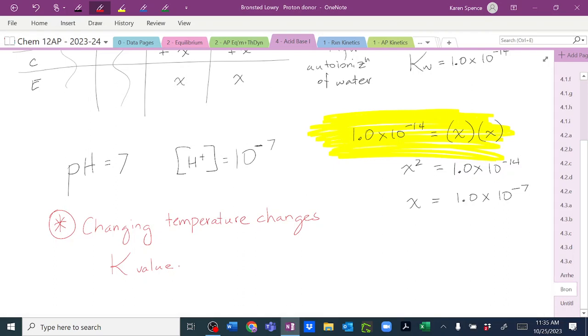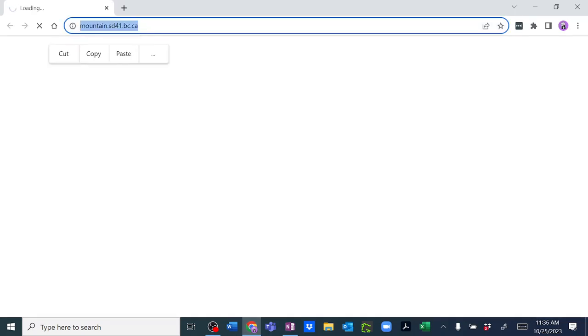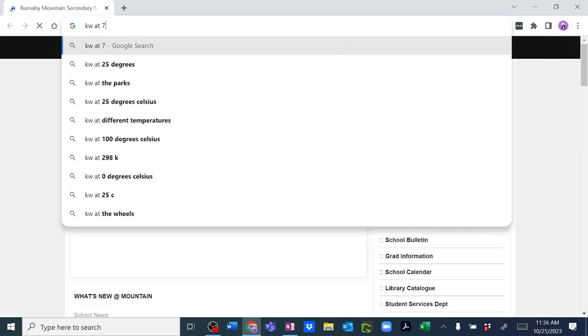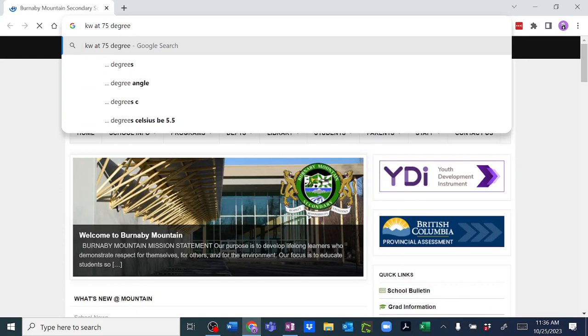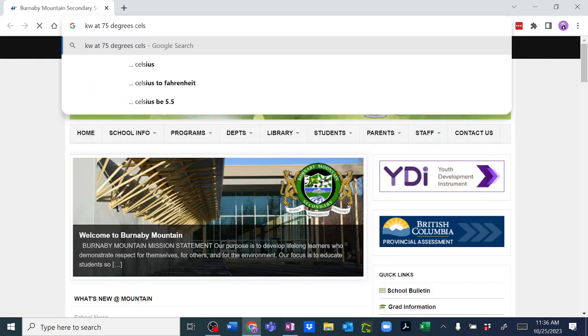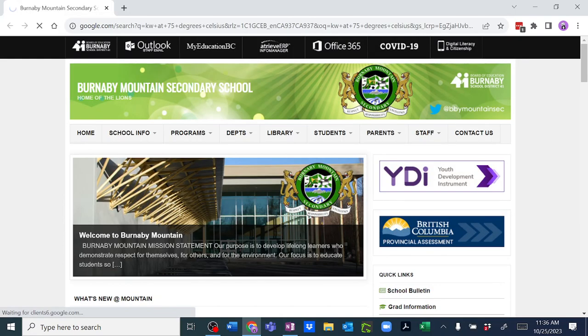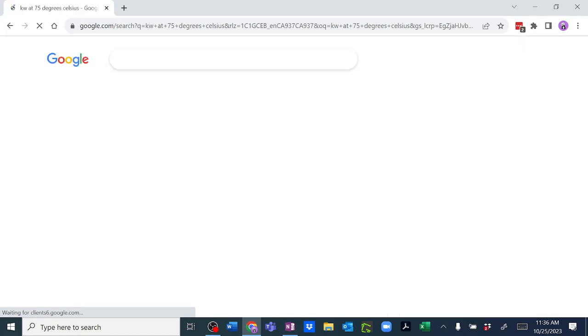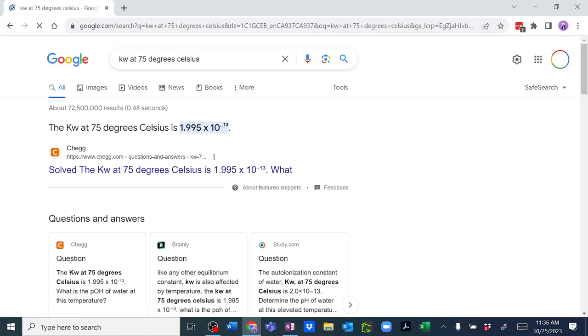Here, let's see if we can do it here. Kw at 75 degrees Celsius: 1.995 times 10 to the negative 13.